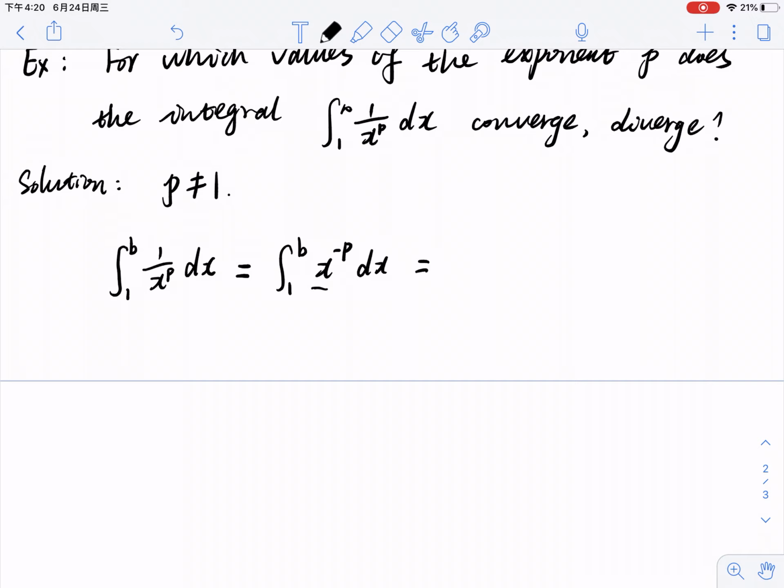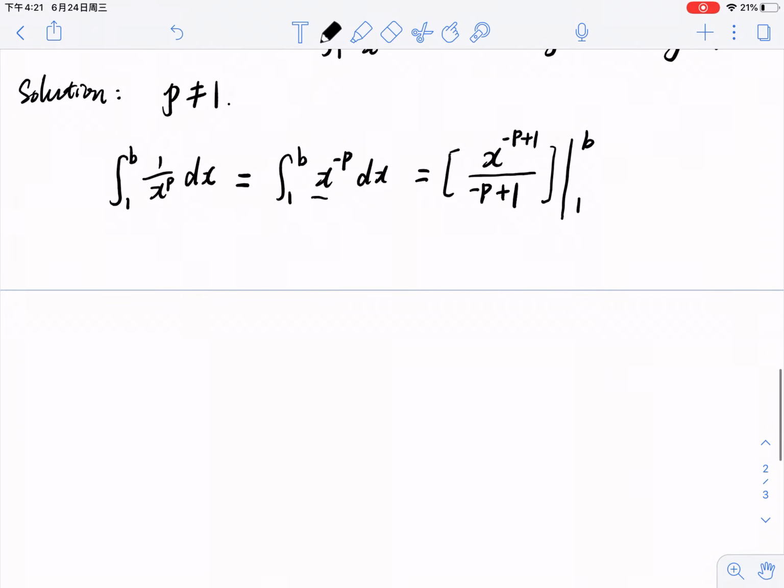Its antiderivative is 1 over negative p plus 1 times x to the negative p plus 1, then x from 1 to b. So this is equal to 1 over 1 minus p times b to the 1 minus p minus 1.